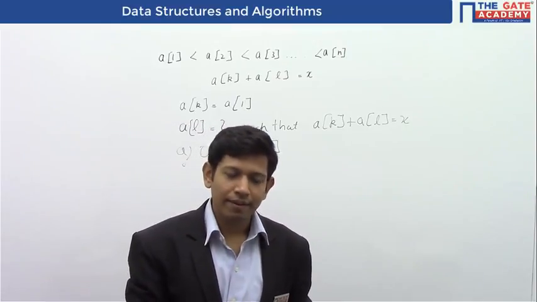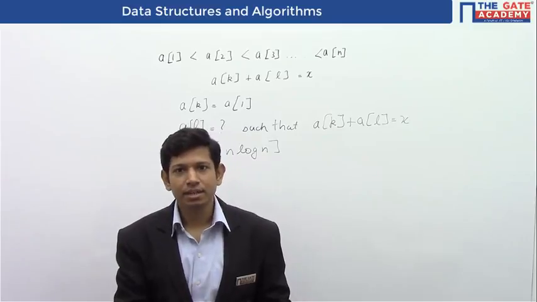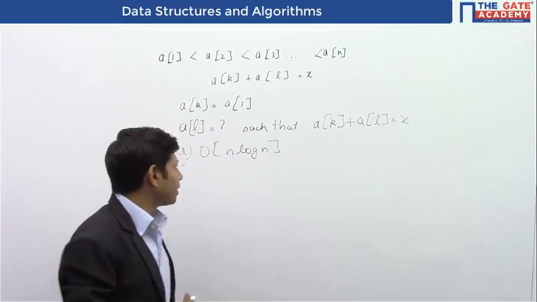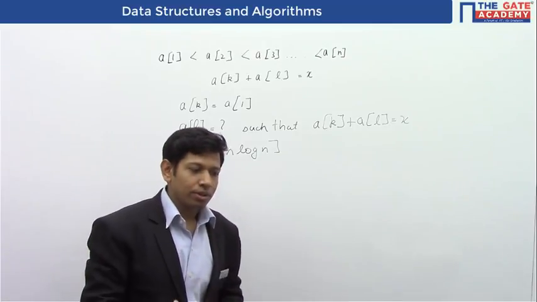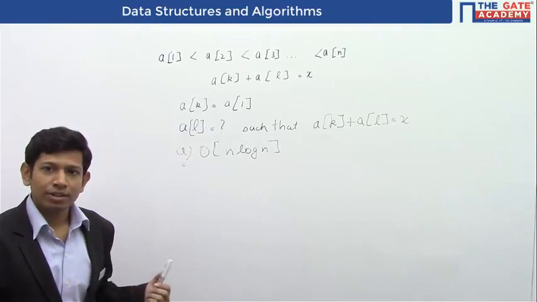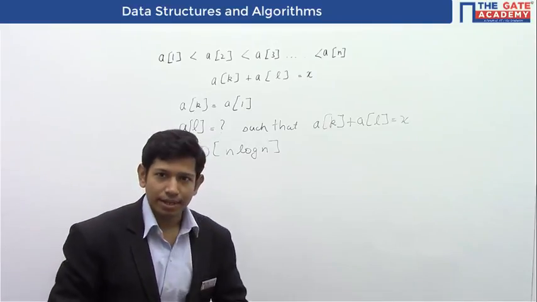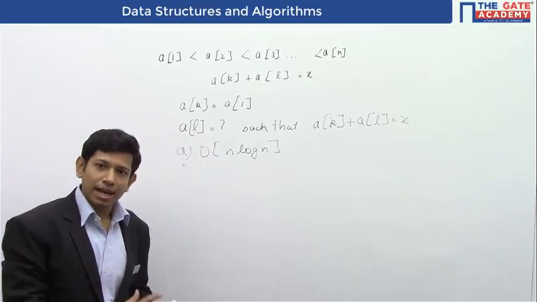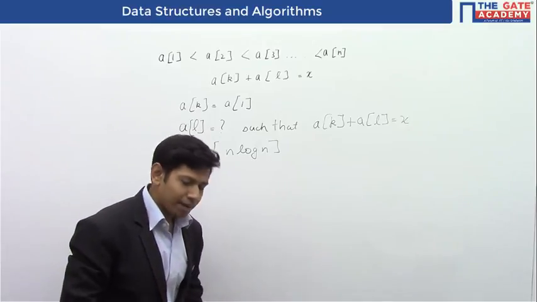All these techniques using the divide and conquer paradigm result in n log n algorithms. So we will try to use the divide and conquer paradigm so that we can get an algorithm of time complexity n log n.